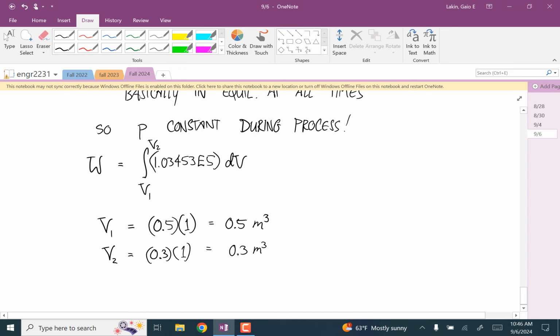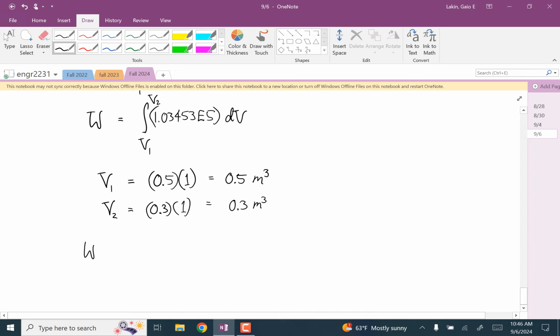And so now we can compute that integral. And that was the mass of the gas? Right. Yep. So from 0.5 to 0.3.